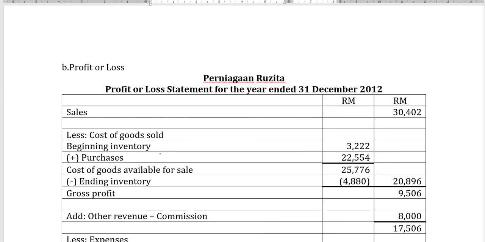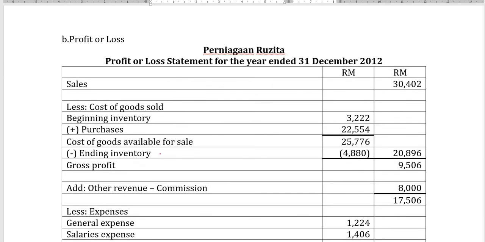Alright, so as usual, okay, kita letak sales, so there's no returns or discounts. Okay, so that is your net sales actually. So beginning inventory, and then plus purchase, and then terus minus ending inventory. You don't have any discounts, you don't have any returns, and you don't have any drawings, merchandise drawings.